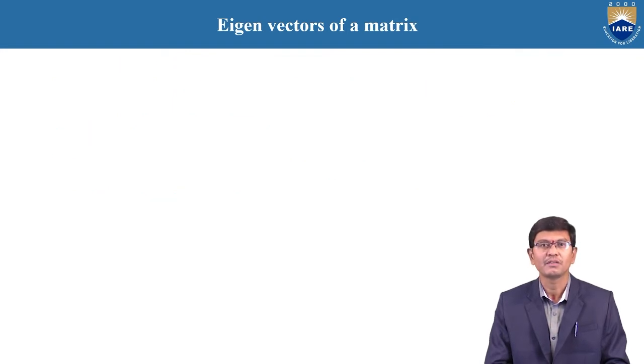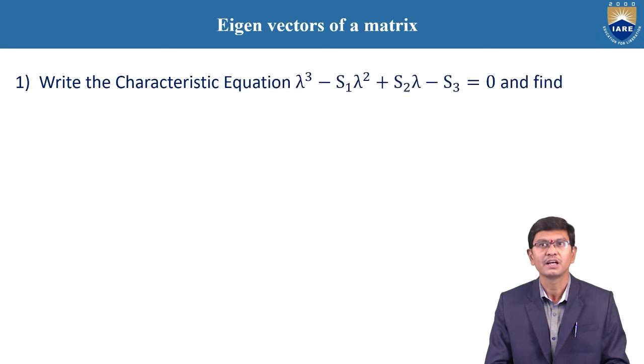Next, we discuss how to find the characteristic equation and its standard form. If the matrix is 3 by 3, the characteristic equation is lambda cube minus s1 lambda square plus s2 lambda minus s3 is equal to 0.